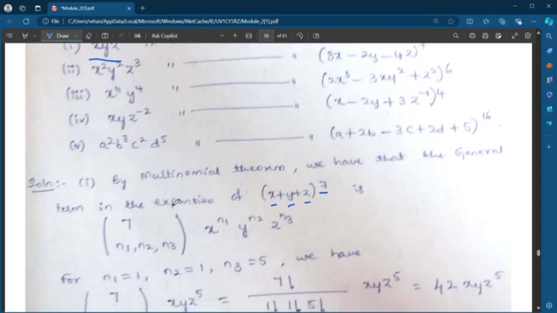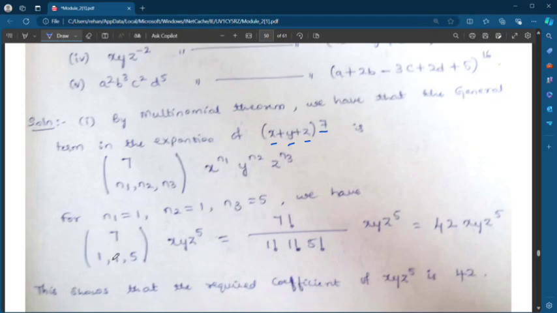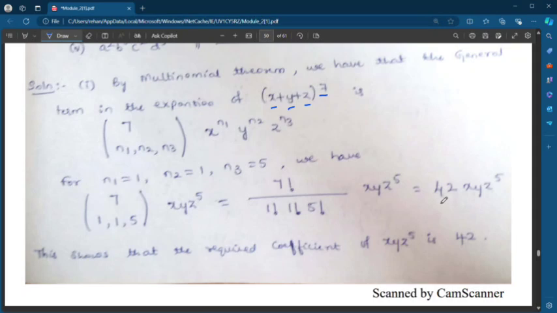So I can write this in the form of n is 7, n1, n2, n3, x to the power of n1, y to the power of n2, z to the power of n3. So here I have 1, here I have 1, here I have 5. So this can be written as 7 factorial divided by 1 factorial into 1 factorial into 5 factorial, into x y z to the power of 5. Which is equal to 42. This is 42 x y z to the power of 5. So the coefficient of this is 42. That's it. Simple.